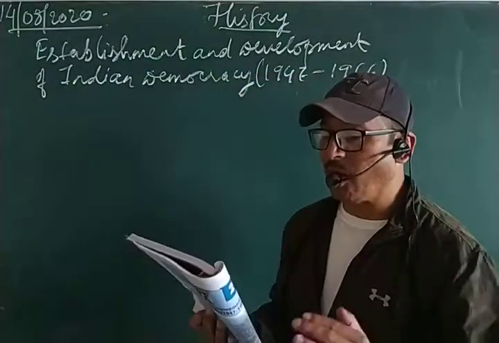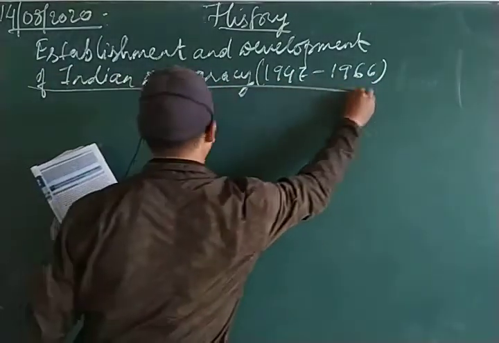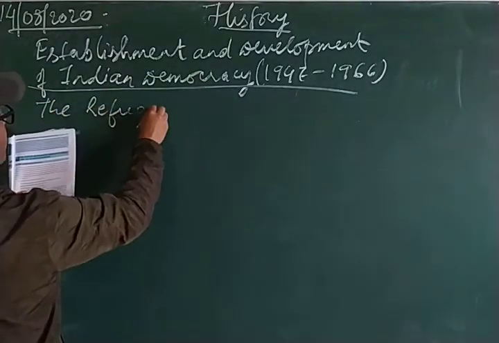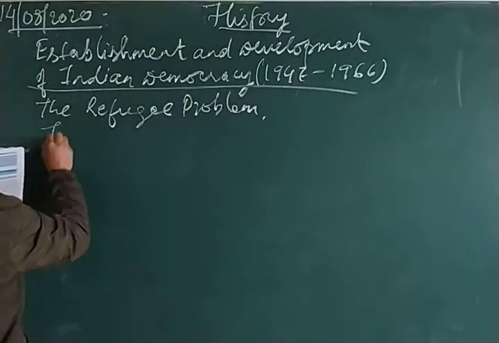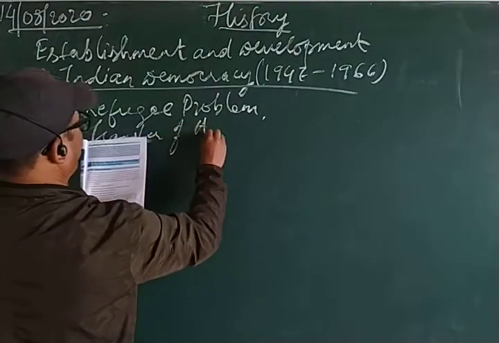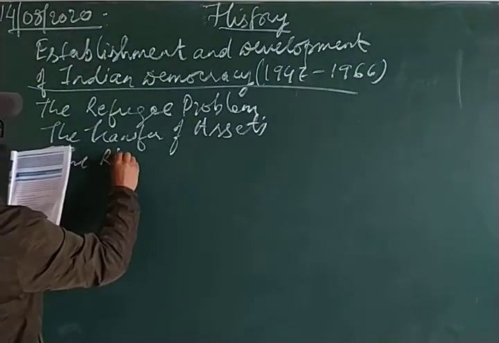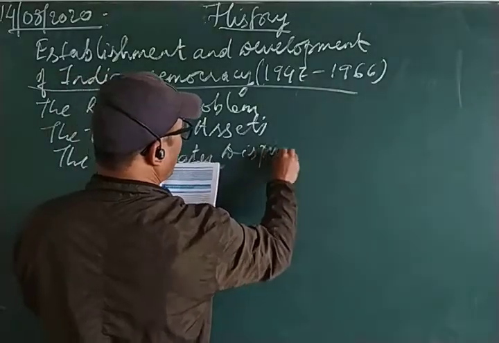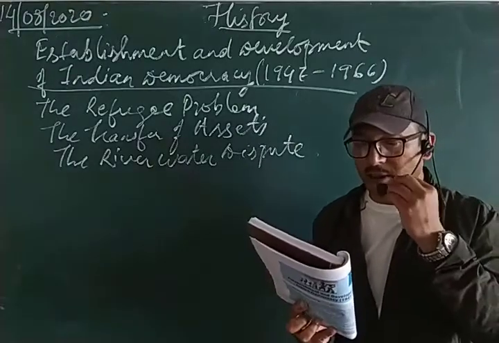So the main problems that the people of India were facing were the refugee problem, the transfer of assets, and the river water dispute. These were the main problems that we were facing during that time.